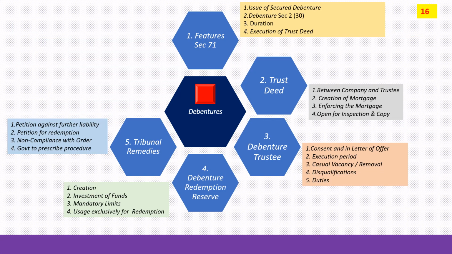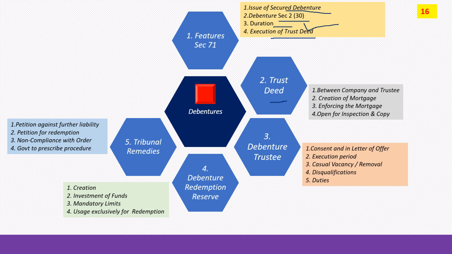To summarize, we have seen what a debenture is as a debt. Secured debentures are issued by the company. They can be issued for 10 years. In case of infrastructure projects, they can go for longer duration, and the trust deed has to be executed within 60 days of allotment or within 90 days of closure of issue.